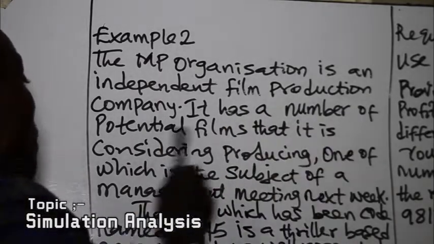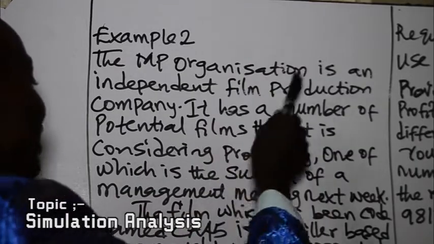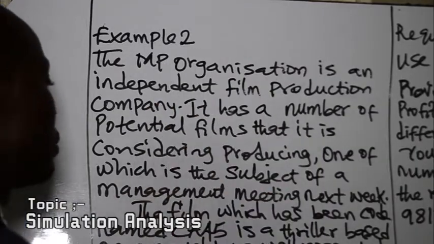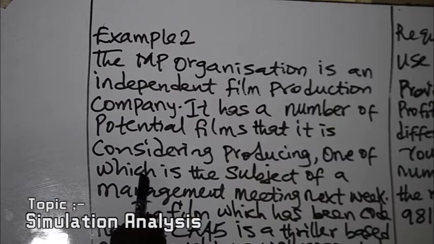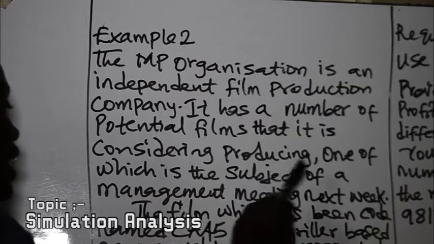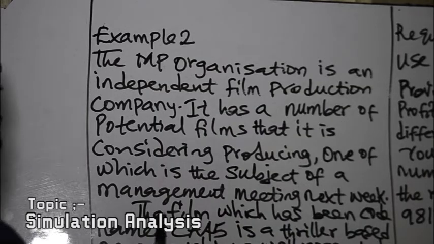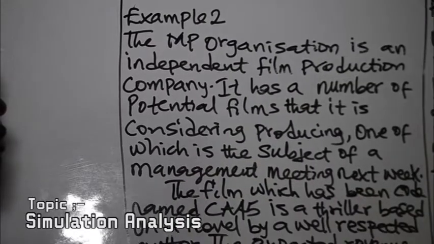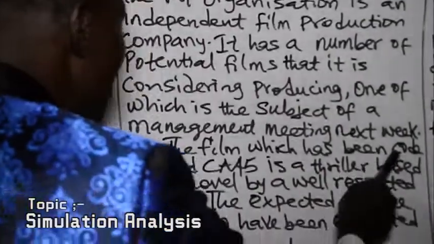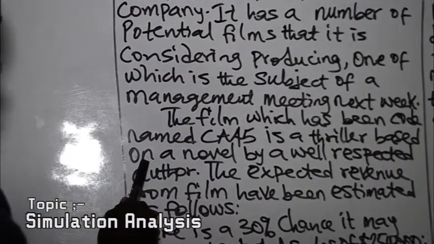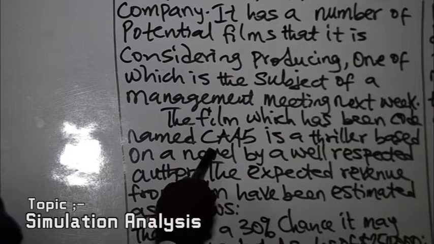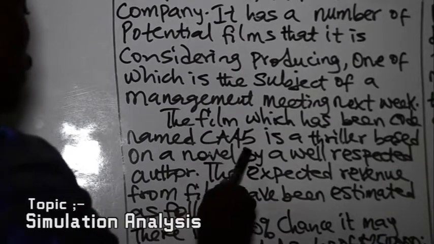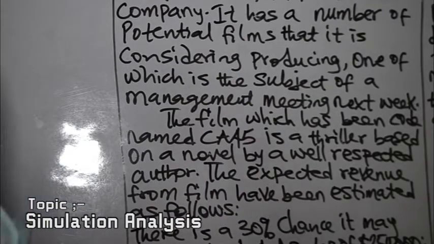It has a number of potential films that it is considering producing, one of which is the subject of a management meeting next week. The film, which has been code-named CA45, is a thriller based on a novel by a well-respected author.